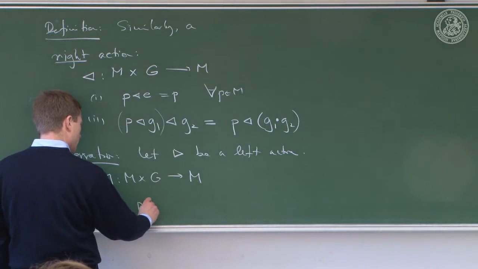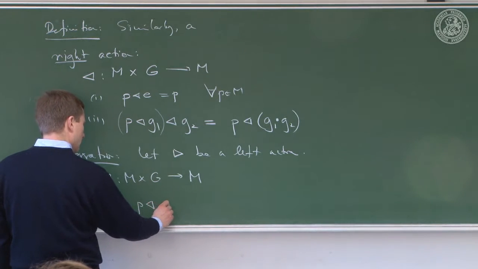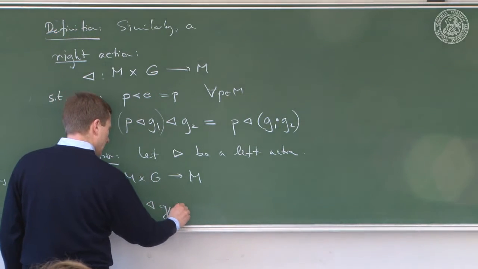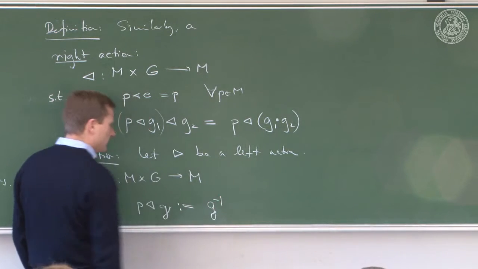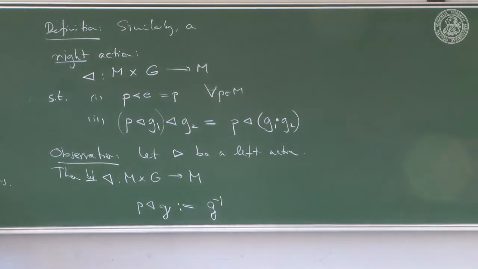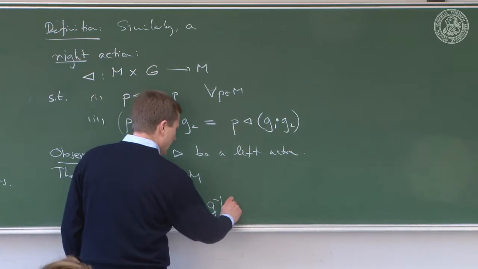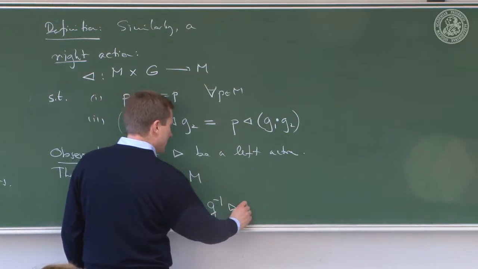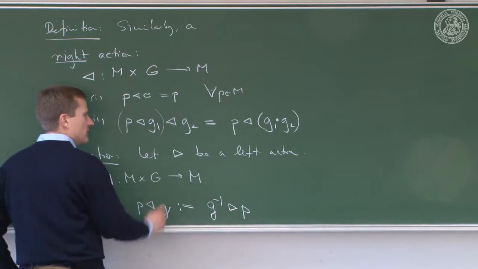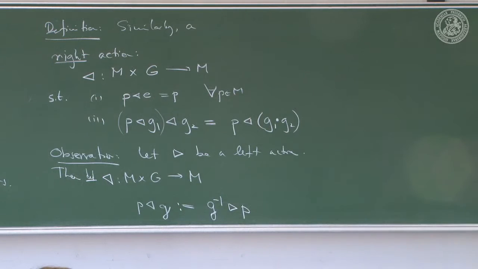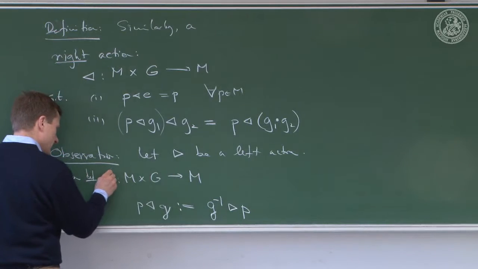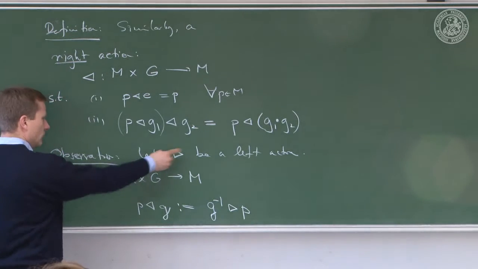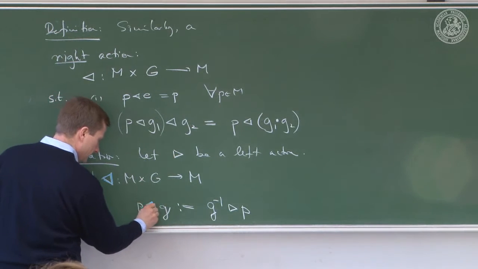I act on a point from the right, and this I define by taking the inverse of the group element, which always exists, and I let it act from the left on P. So from the left, so first, until you adjust your glasses, this is the new guy, and the white one is the old guy.